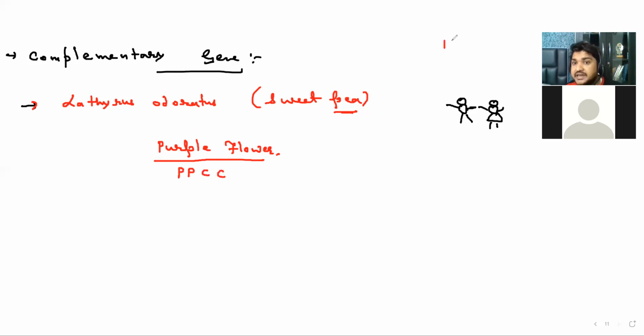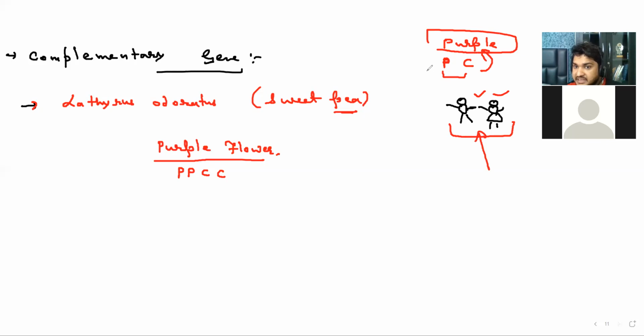Because it is purple when one P and one C are there, then only the performance will be good, like in a show, their performance is good because both were present. So this color is purple because along with P, at least one C is required. If C is not there, then it cannot be purple. Getting something? And white is recessive, so of course it will be small p, small p, small c, small c.